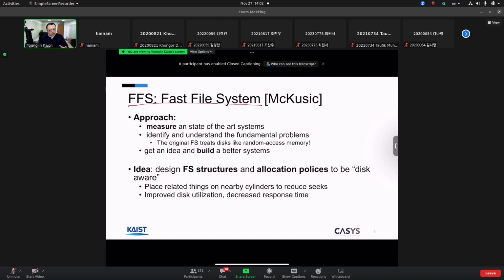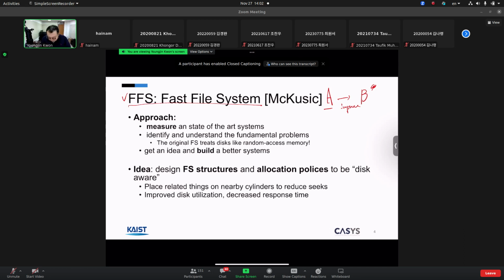Discussing FFS shows how systems research works. Let's say there is system A, and you find that system A is inefficient, and you want to improve it into system B. How? They were working on the original Unix file system and wanted to invent a new file system.